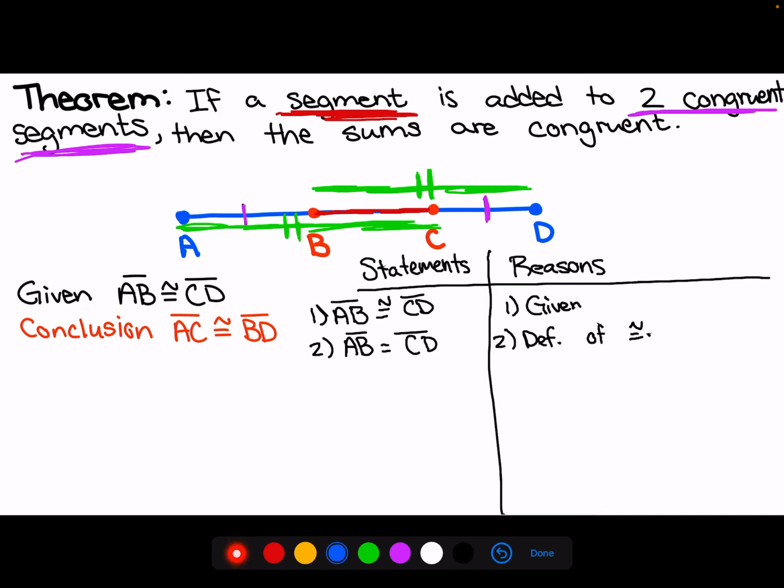From here, if that's the case, then I can say for number 3, AB plus BC is equal to BC plus CD. All I did here is I added BC to both sides, so that is our addition property of equality.